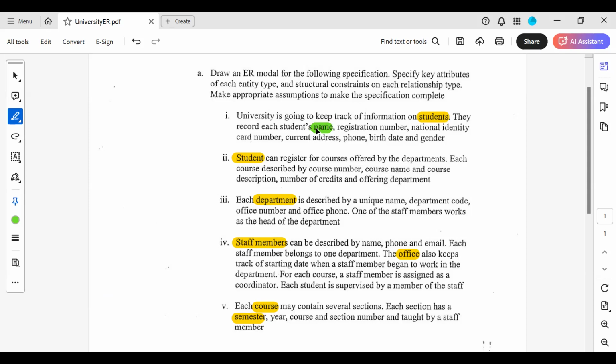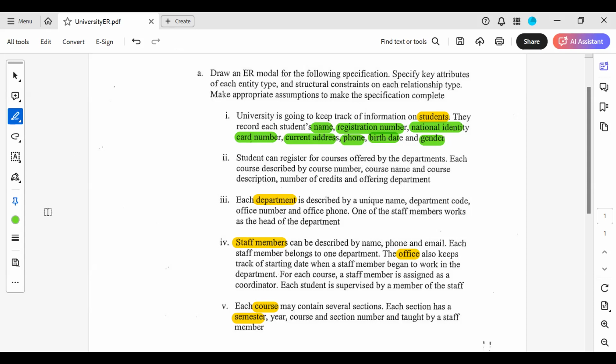So student name is one attribute, registration number, national identity card number, current address, phone, birth date, gender. So student is an entity. Since I have identified it here, I'm going to delete this one, but we know that we have identified the entity student, and these are the attributes.